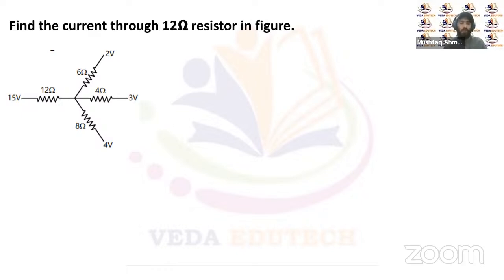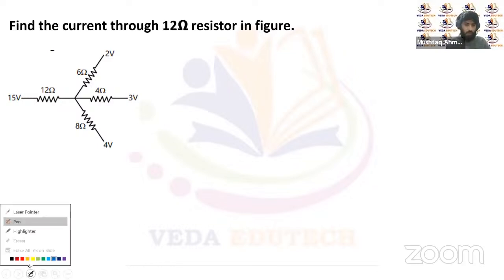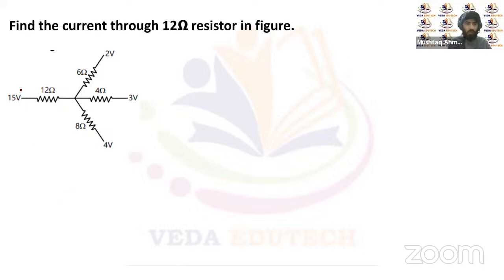The current through the 12 ohm resistor will be the potential drop across it divided by its resistance. But we do not know the potential drop across this resistor. What we know is the potential of one end of this resistor, but we do not know the potential of the other end to calculate the potential difference.